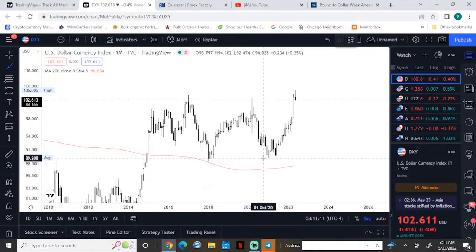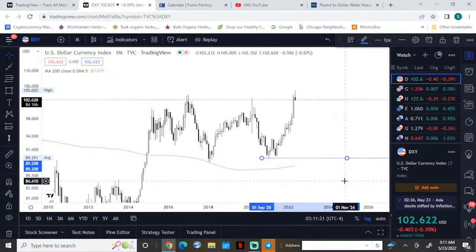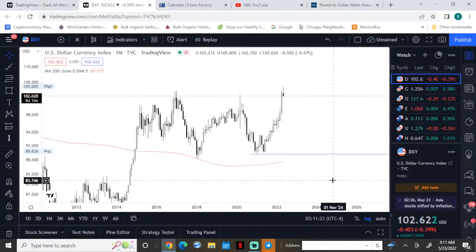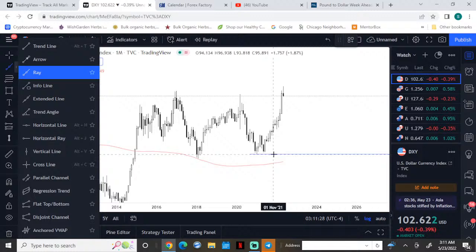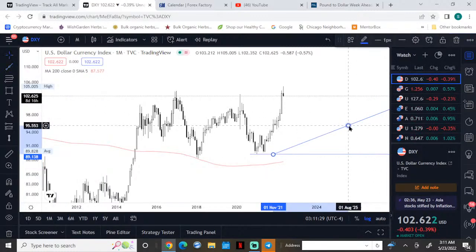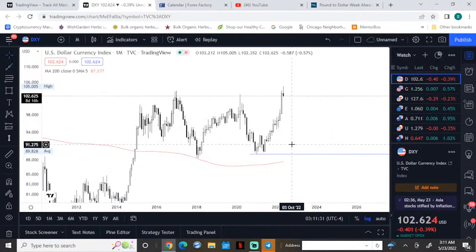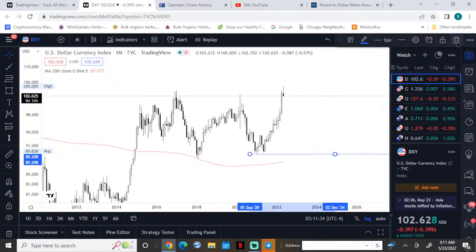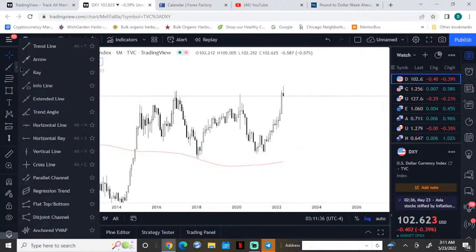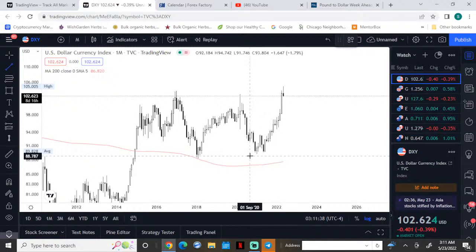And I'm gonna mark right here that last low at the wick. And I'm actually not gonna use the ray. Delete, delete, delete. I'm gonna use this trend line. I actually use a trend line for everything.